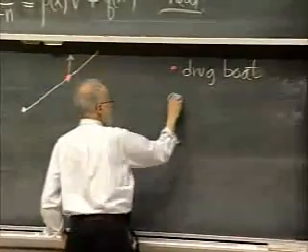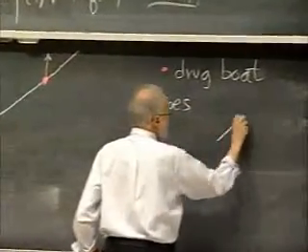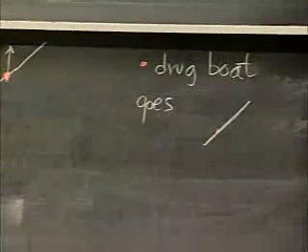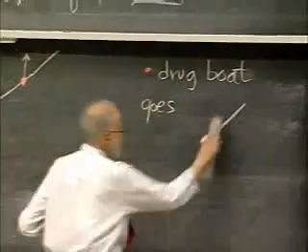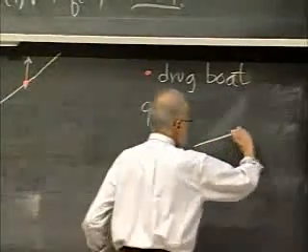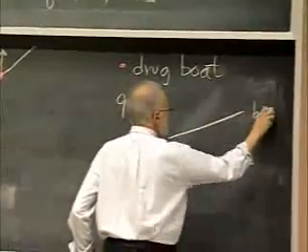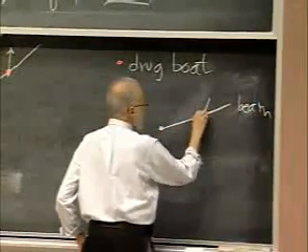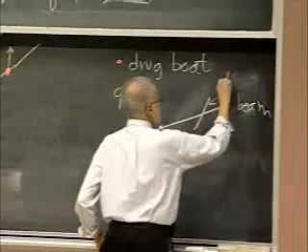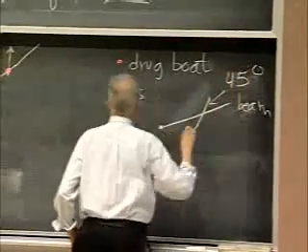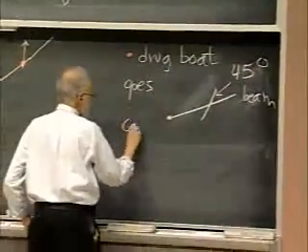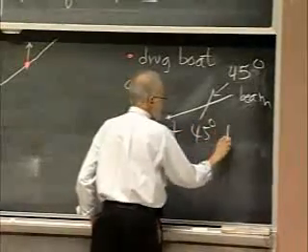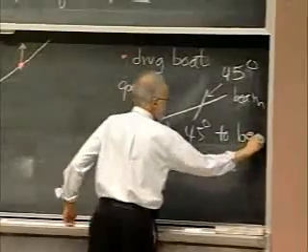So the angle between the beam and the boat's path is always 45 degrees. It goes at a constant 45-degree angle to the beam, hoping thereby to escape it.